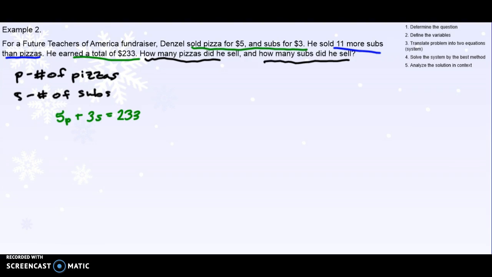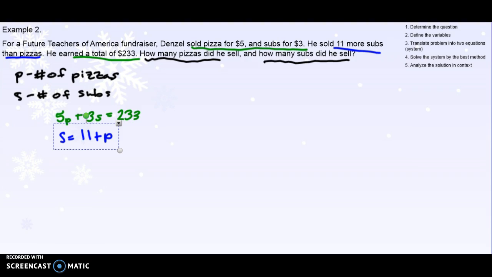So what we have is $5 per pizza plus $3 per sub will give me $233 by the end of the day. That's going to be our first equation. And then our second one is he sold 11 more subs than pizzas. So I know that my subs are 11 more than the number of pizzas that we sold. So we have S equals 11 plus P.